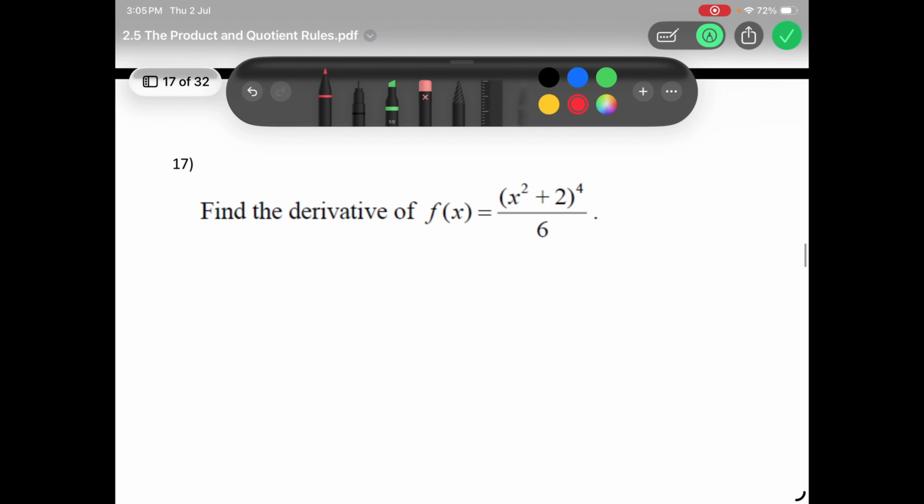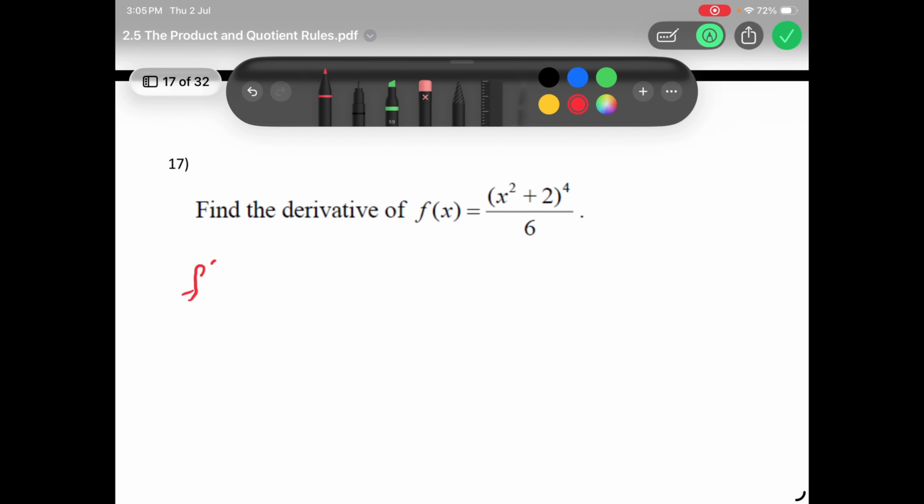Next, I have here this function divided by 6. So here I can see chain rule, and this 1 over 6, we will keep it 1 over 6. It will not affect the derivative. It will be aside. So here f prime of x equals 1 over 6 times the power 4.